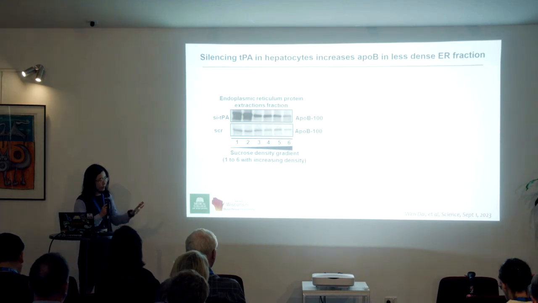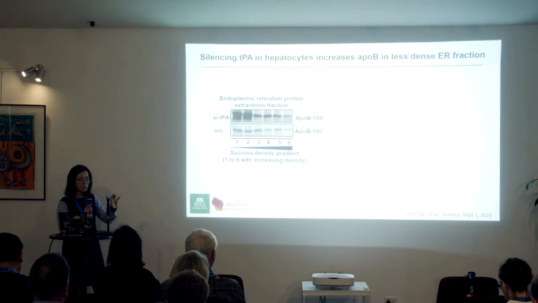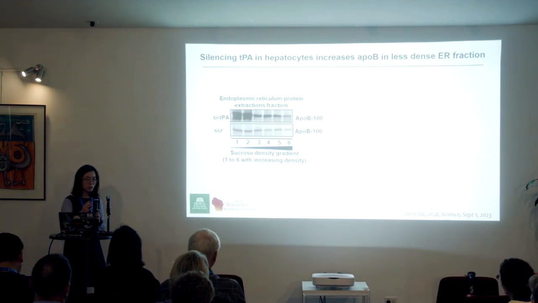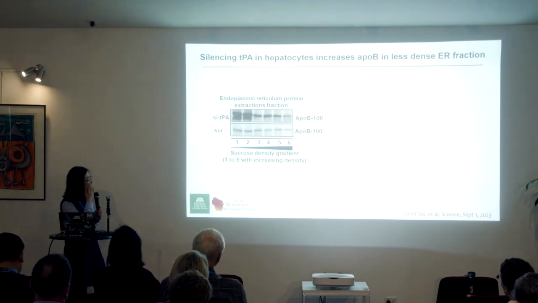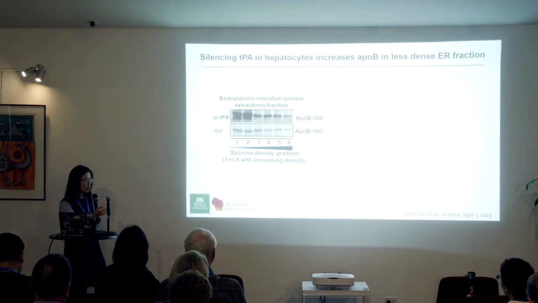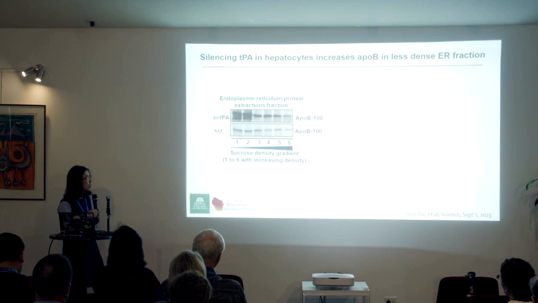The next experiment we did was to isolate the ER fractions from the human primary hepatocyte by density, because if the ER has more lipids, it will be lighter. Comparing the ApoB100 accumulation in those different density ER fractions, we can see that after silencing TPA, most of the ApoB is accumulated in the lighter fraction of the ER.